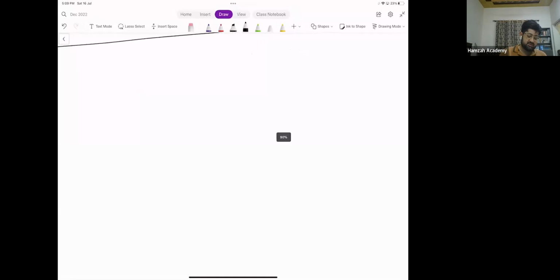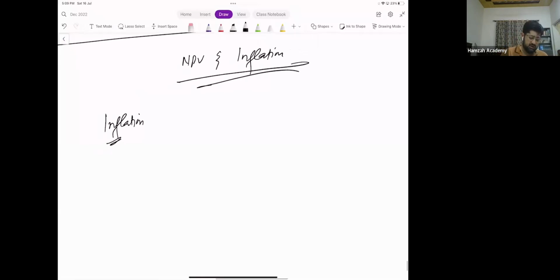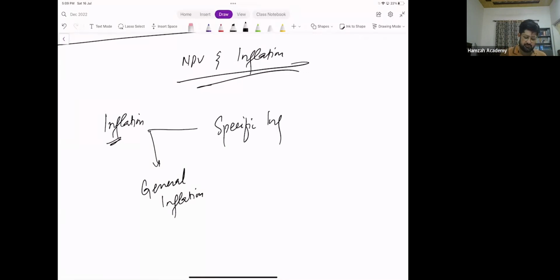Students, the adjustment, NPV and inflation. First of all, what is inflation? Inflation is an increase in prices. Inflation is of two types. One is called general inflation, the other is called specific inflation. The price of petrol increased by 10%: specific inflation.